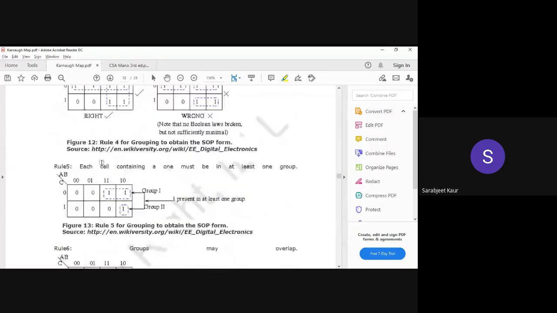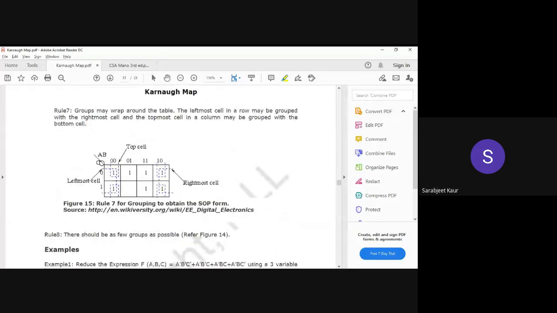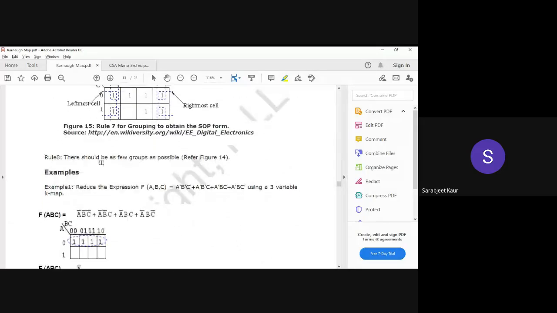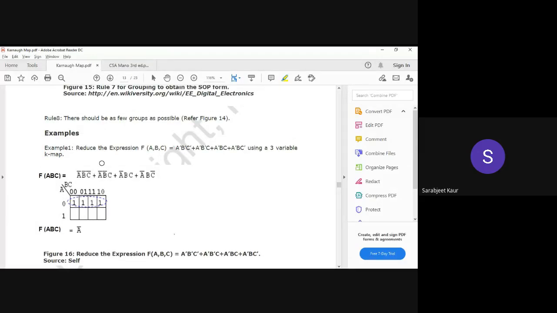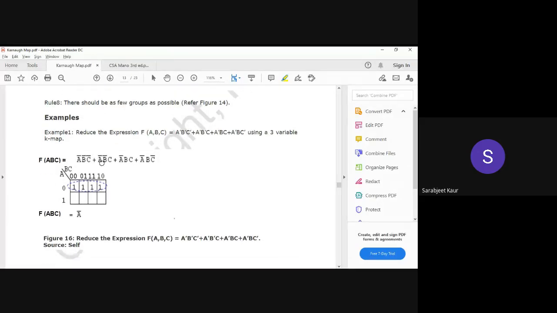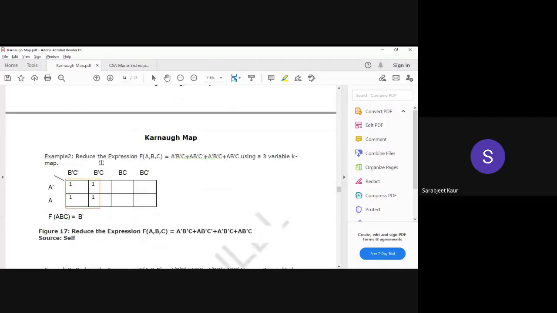After that, we had solved one or two questions for SOP Boolean expressions. Okay, so I think we had solved this one and this one.